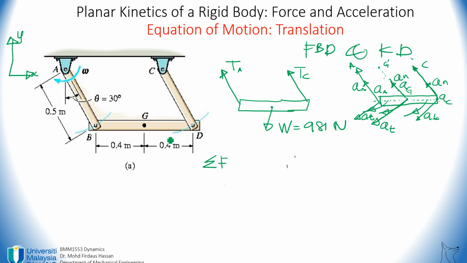The summation of force in the normal coordinate: normal is like this, so we choose upward, like this, as positive, is equal to m AGN.